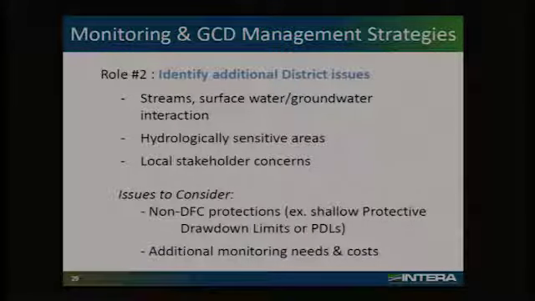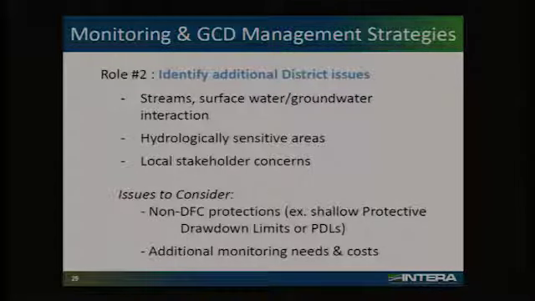Another role for the monitoring network would be to identify additional district issues that might not be covered in the general DFCs. For instance, in hydrologically sensitive areas. For instance, the Post Oak Savannah has these new, I think Gary was wanting to trademark this acronym, PDLs, or protective drawdown limits for our shallow management zones.